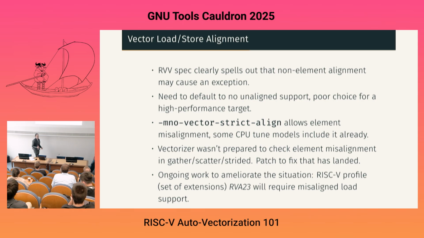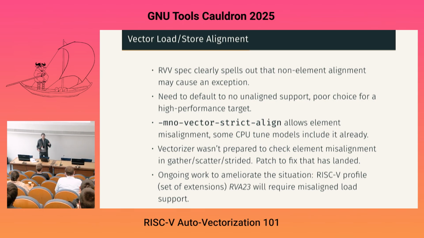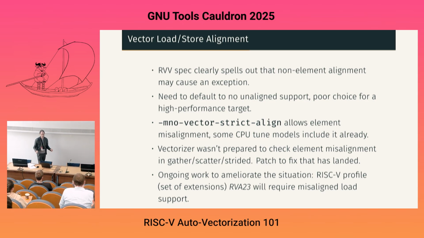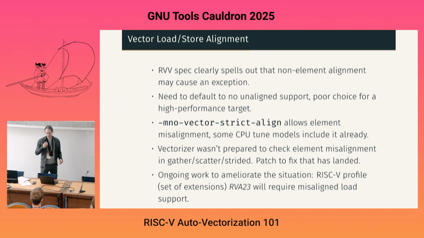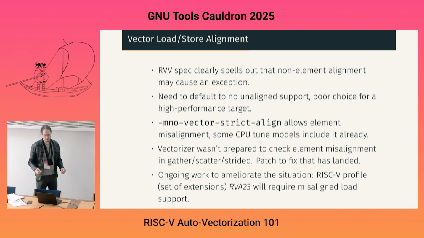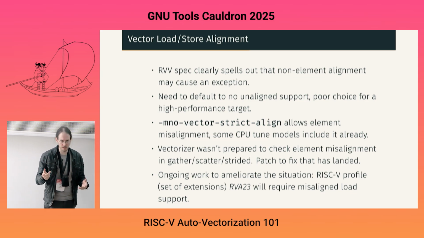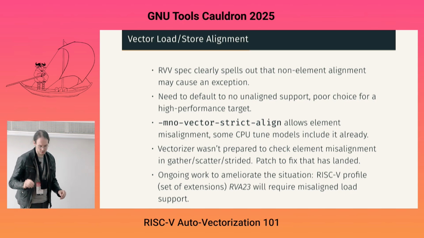But on top, the vectorizer wasn't even prepared to check element misalignment for gather, scatter, or strided loads. And as we have those, obviously we need to be correct on that. A patch has landed now, maybe a month ago or so, that fixed that. Before, we could be wrong in two ways: either by not checking or by ignoring it. But for now, this should also be fixed.